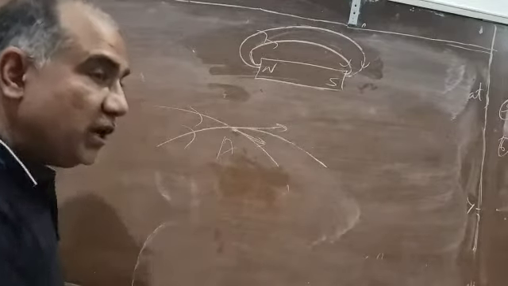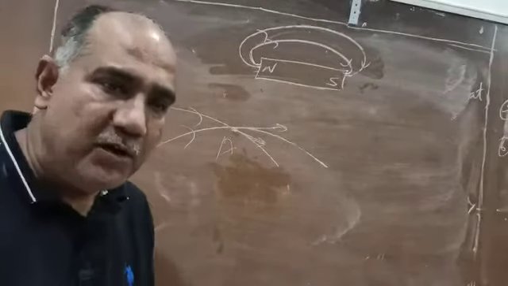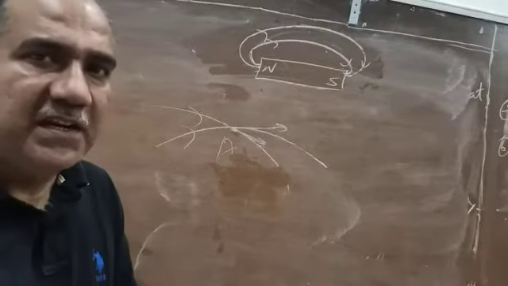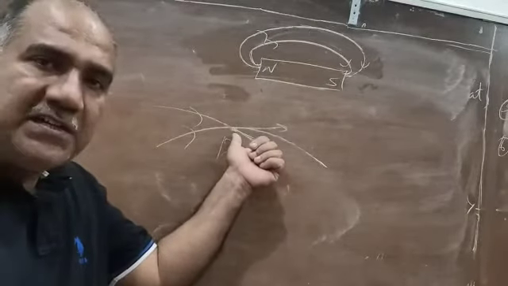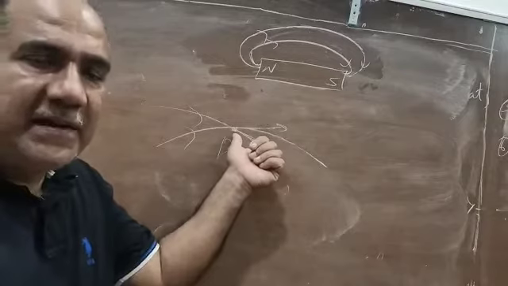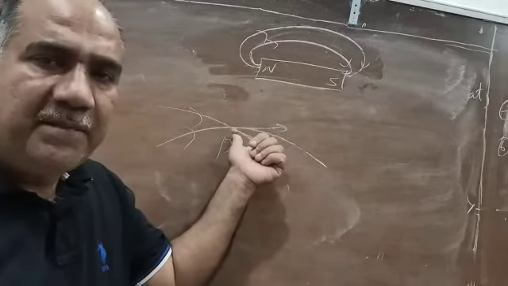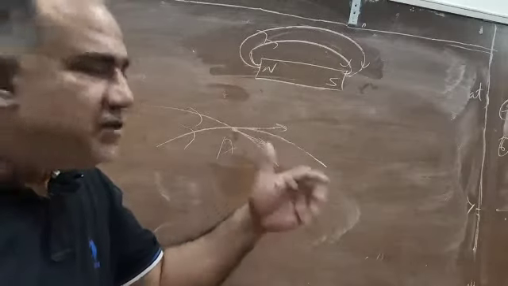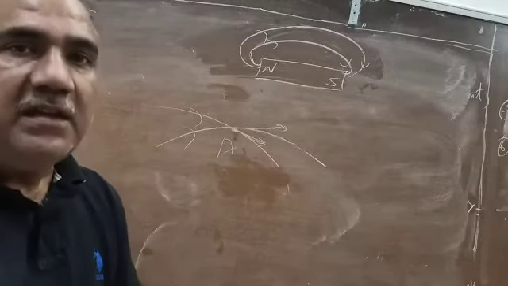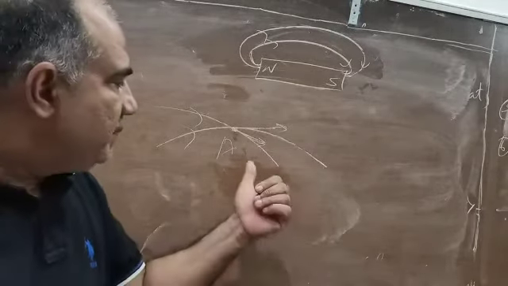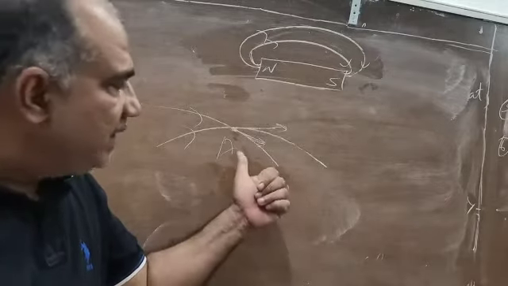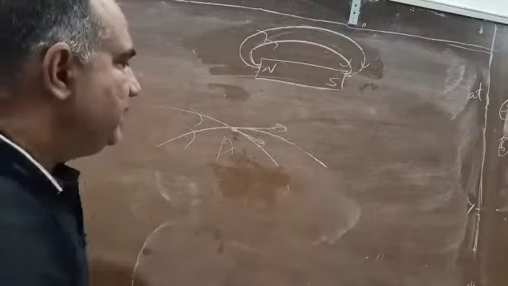That means at the point of intersection, the compass is supposed to point simultaneously in two different directions, which is not possible for any indicator to do. That means it is not possible for these lines to intersect each other.